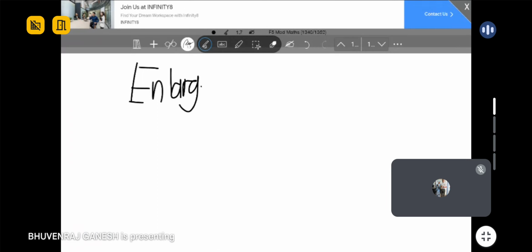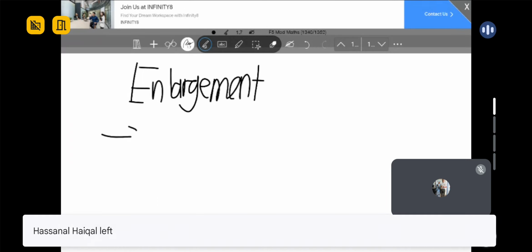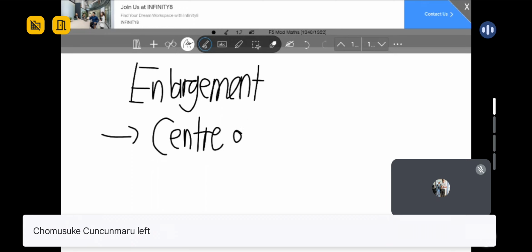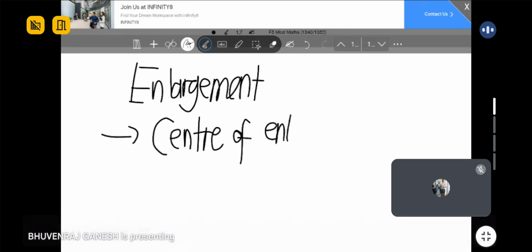So basically, pembesaran, very simple guys. Sangat senang. Three important things that you all must take note in this subtopic. So first thing, center. Pusat pembesaran. Very important. Kamu kena tahu macam mana dapat pusat pembesaran.